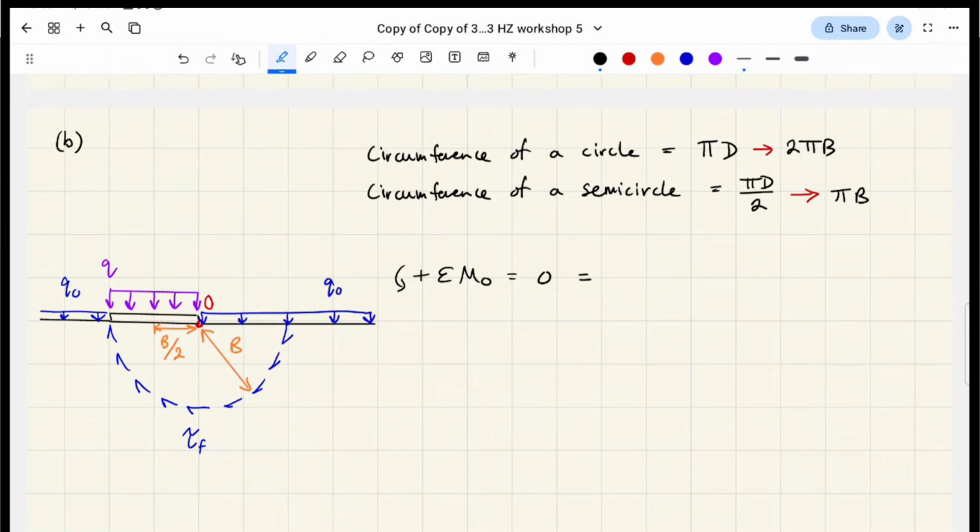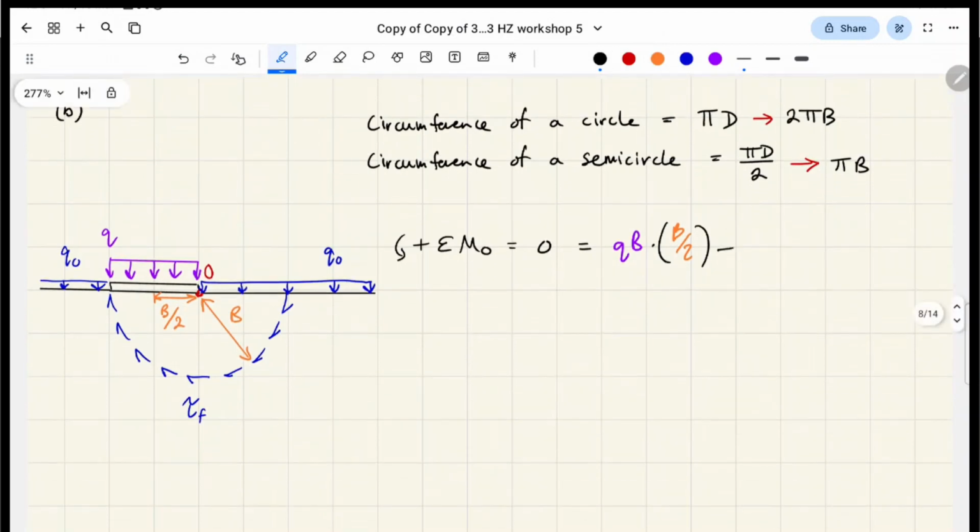Okay, so next we're going to do the same thing. We have the magnitude of the building or whatever this is, whatever we're calculating for Q, multiplied by the lever arm, right? And we're also going to subtract. Okay, let me do this a bit slower.